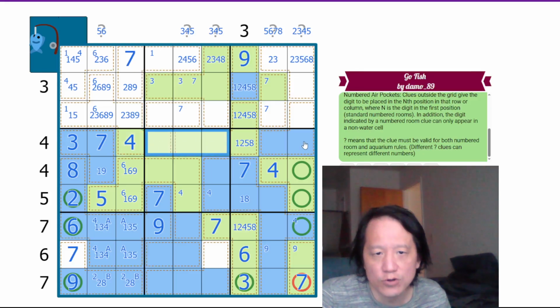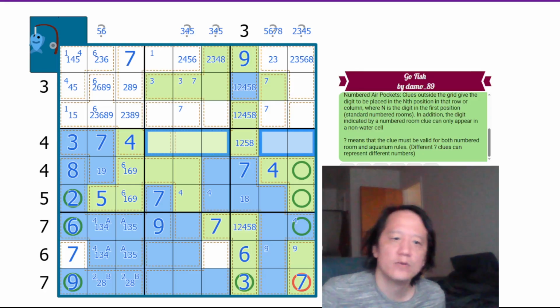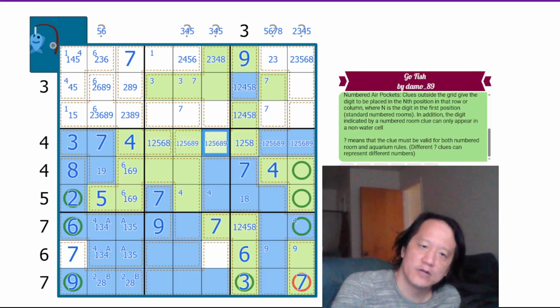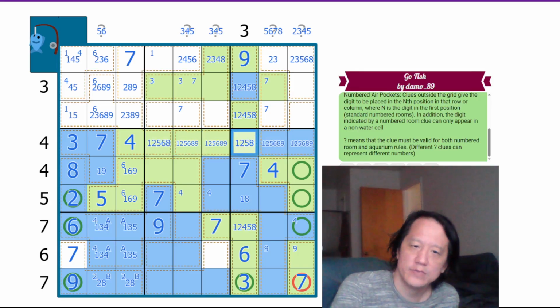Remaining digits of row 4. We have 1, 2, 5, 6, 8, 9. No 9 here because of 9 in the column. I think that's it.